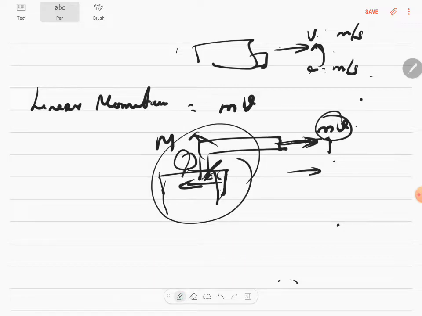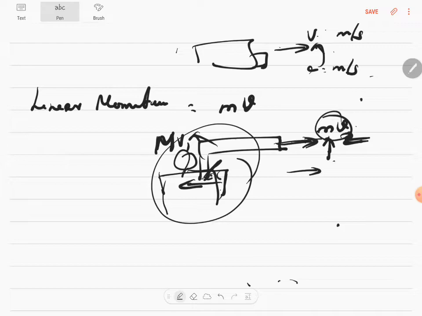And they move with another velocity in the opposite direction. Let's call the mass capital M, and the velocity with which it comes back v1. The bullet is small m with v2, and it moves forward.